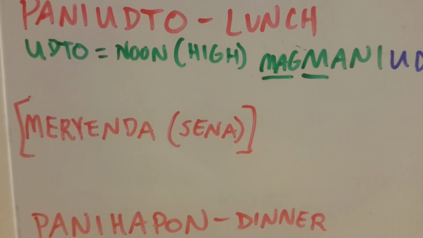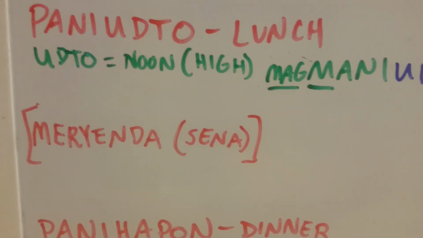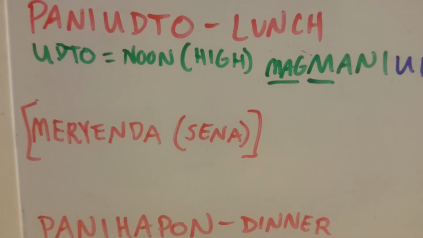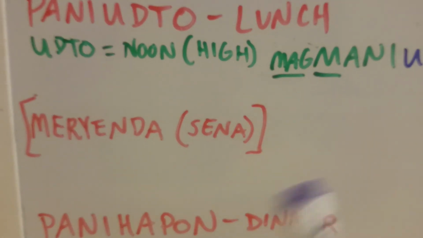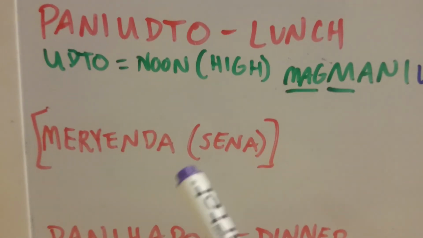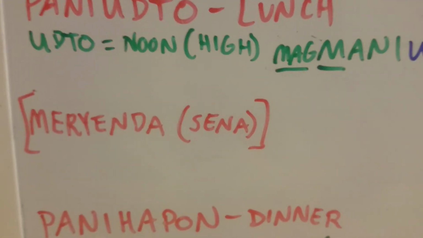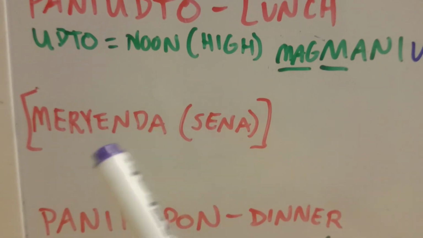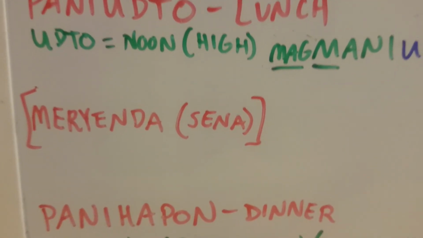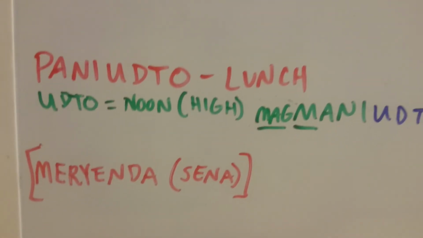It's really a small snack. Merienda or merienda cena. Cena means dinner in Spanish, so cena or sena, depending on your Spanish dialect. But merienda cena is just the little light snack they have. And that's it.